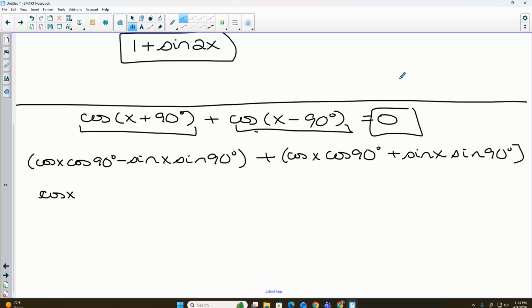Okay, cosine of 90. If you need to, you can do unit circle. You can think about your hand trick. Cosine we know is the square root of the bottom. What's cosine of 90? 0. What's the sine of 90?